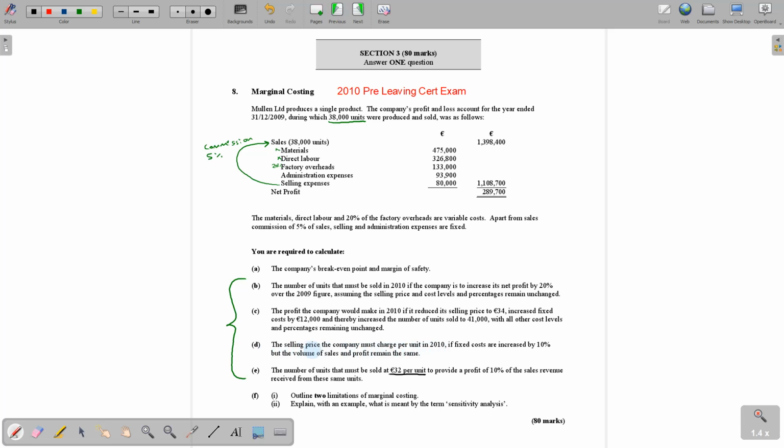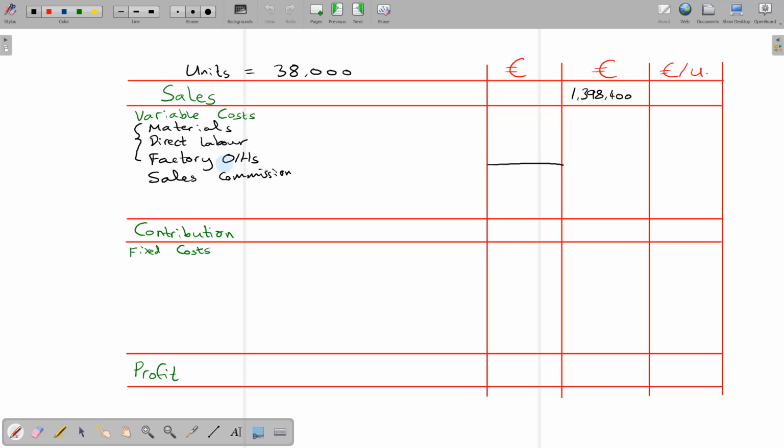So we don't know the selling price, which means we also don't know the sales commission we have to pay out. Then we're told the profit the company would make in 2010 if it reduces its selling price to 34. So there are 3 different figures for selling price. The easiest thing to do is, we know that direct labor, materials, and factory overheads will not change with selling price changing, whereas sales commission will. So we'll have to keep that separate.